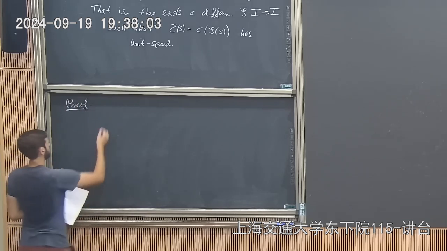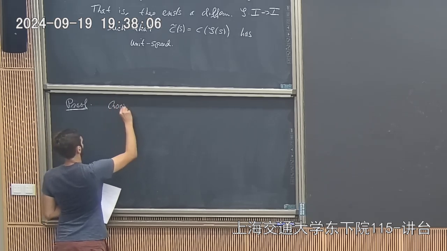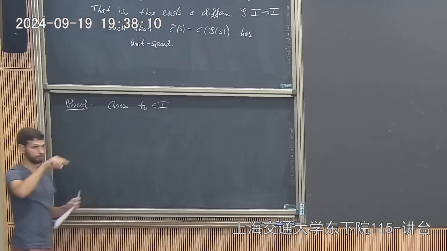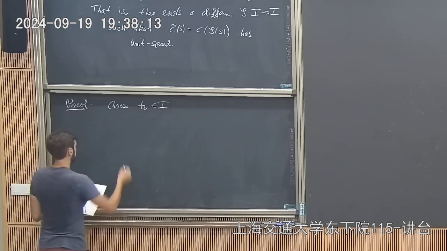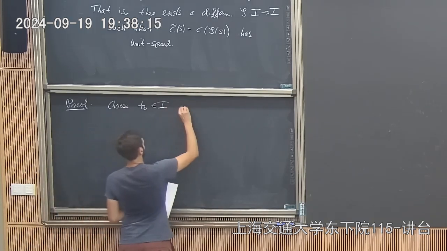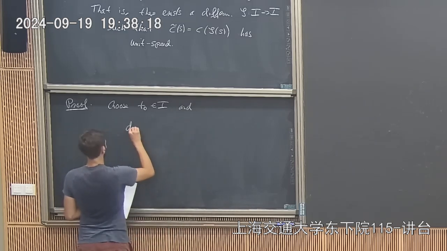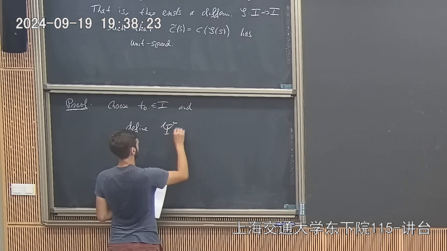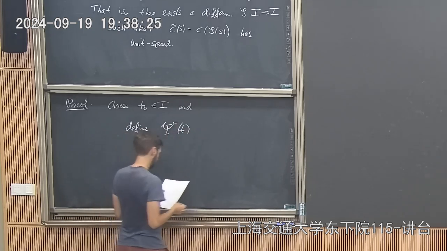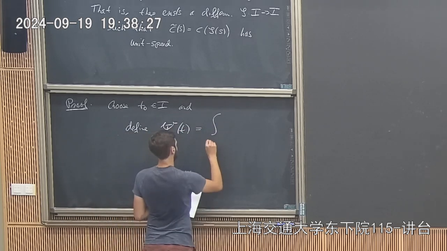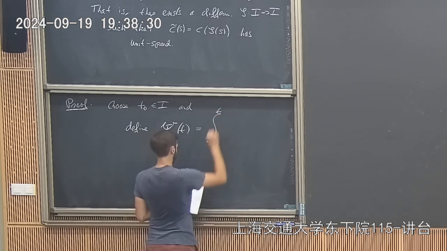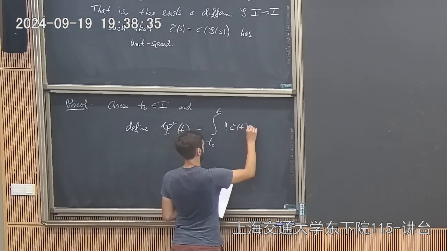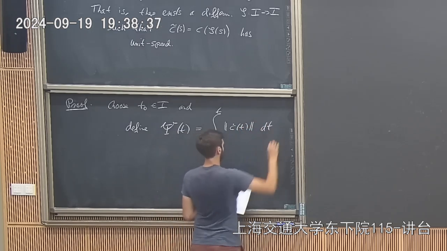So the idea is that we choose some time instance, t0. So we fix one instance in time and define a map, which is psi of t, which is the integral from t0 to t over the velocity.